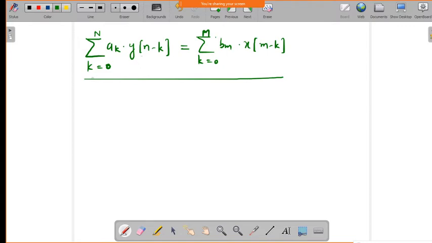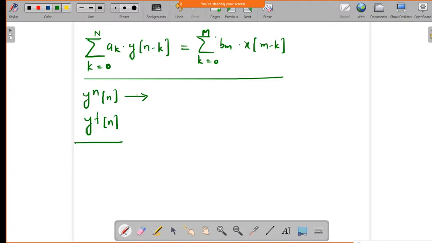It again has two components: one is the natural response and the other is the forced response. So what is the natural response? The natural response is the output of the discrete time LTI system only when the initial conditions are applied.